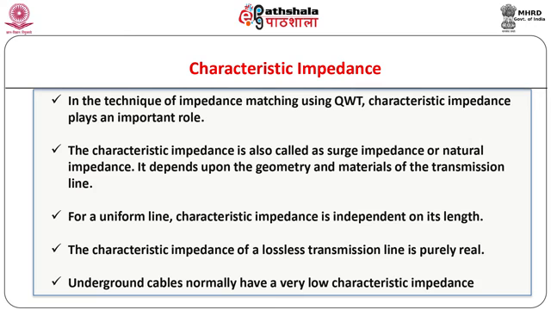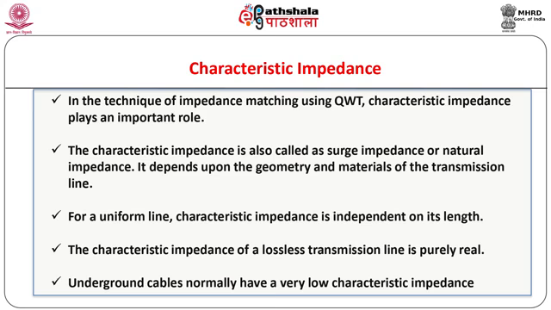It depends upon the geometry and materials of the transmission line. For a uniform line, characteristic impedance is independent of its length. A lossless transmission line is defined as a transmission line that has no line resistance and no dielectric loss. The characteristic impedance of a lossless transmission line is purely real.